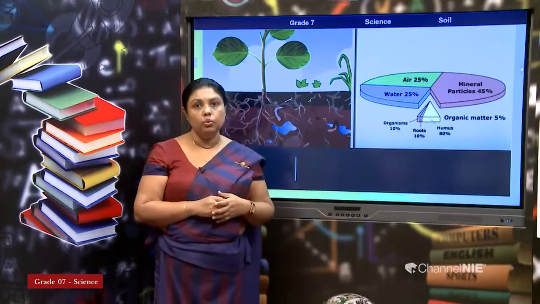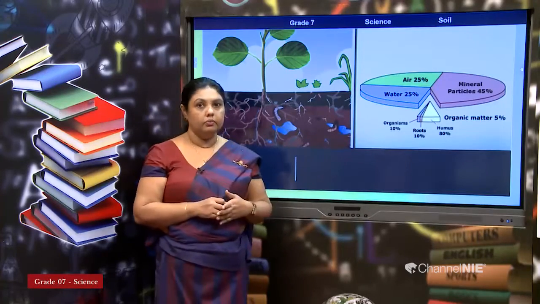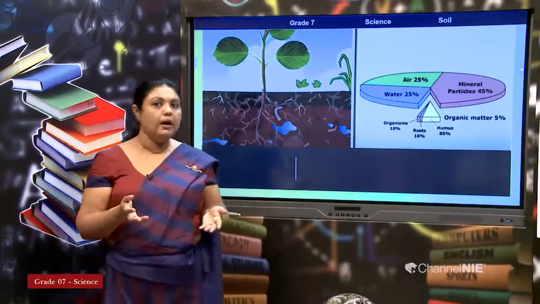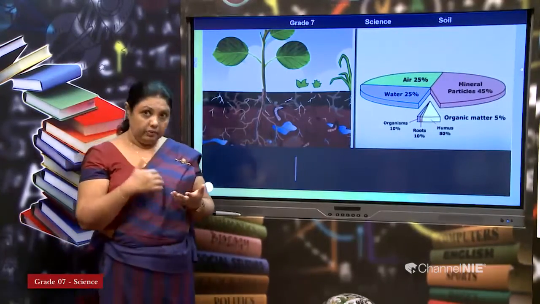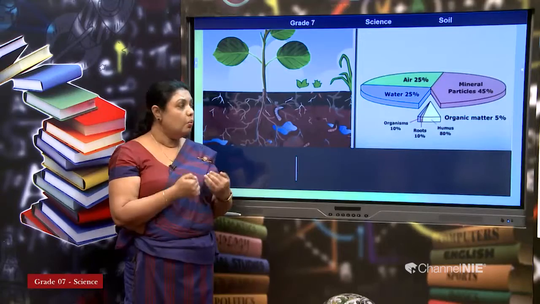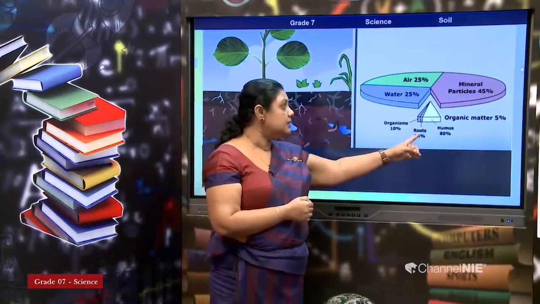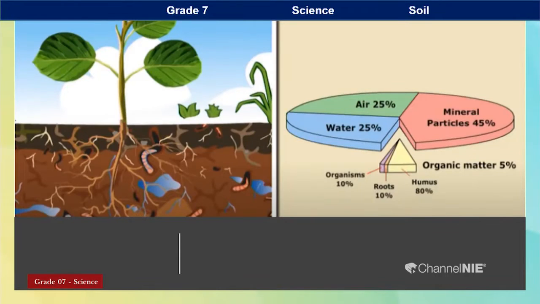At the same time, roots. Where have they come from? Obviously, from the trees, bushes, small plants, everything gives roots there once they are dead. So, 80% is humus. 80% in the sense, organic matter is 5%, and out of that 5%, most is humus.